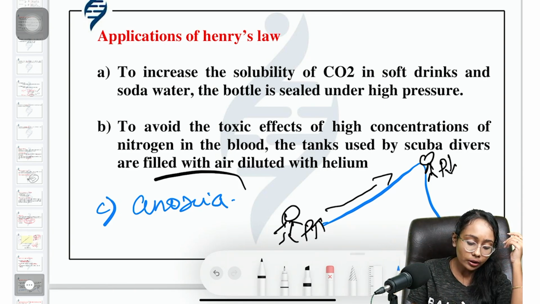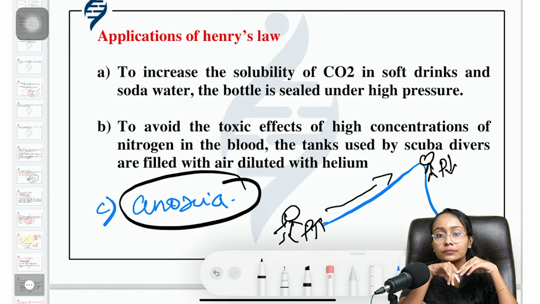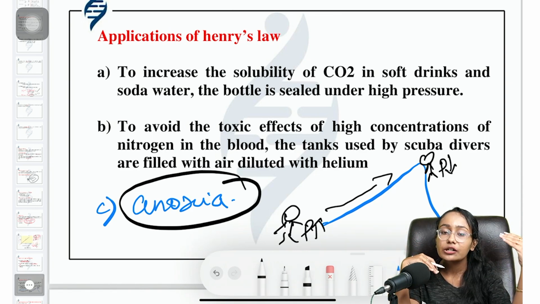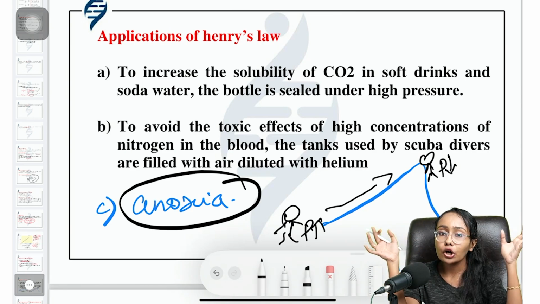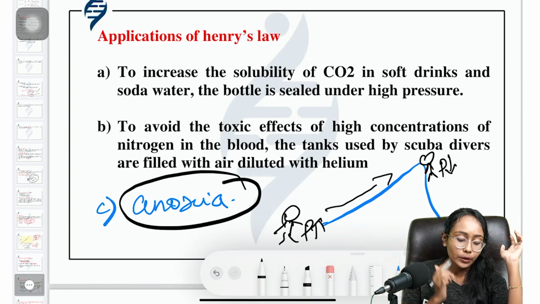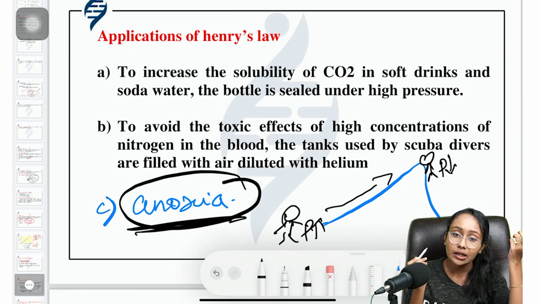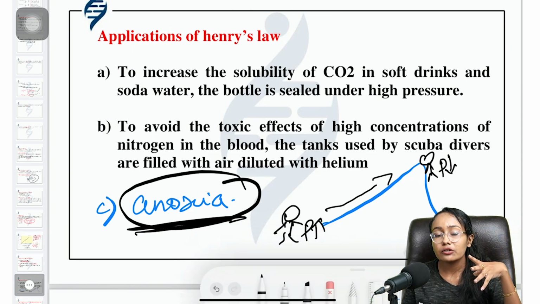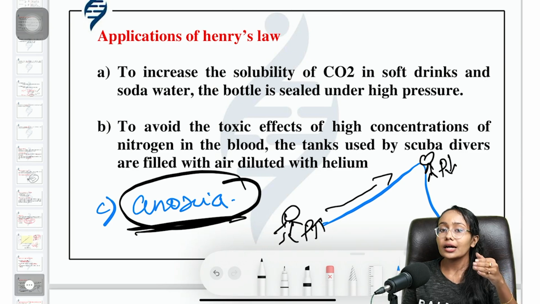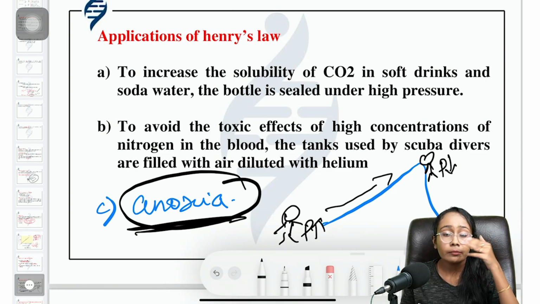This condition is called anoxia, because of the less solubility of gases. As we go high, the pressure is very less and the gases won't be soluble enough. So these are the three applications of Henry's law discussed in your NCERT textbook. One is about carbonated drinks, another is about bends, and the third is about anoxia.